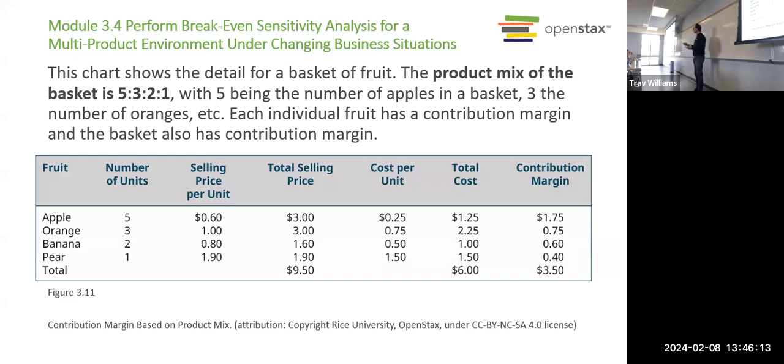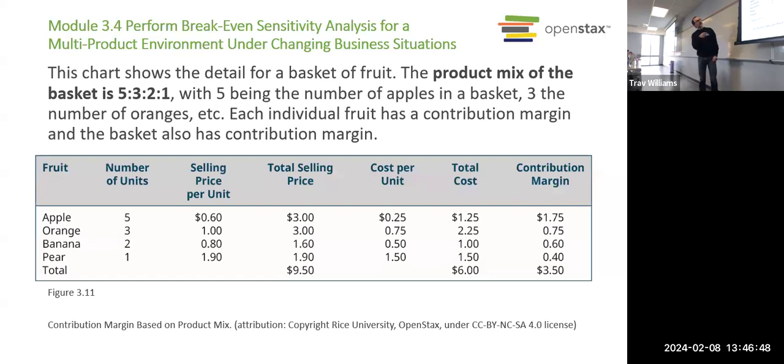And then based on that ratio, you can create sort of a basket of products and figure out the total sales price for that basket of products, the total variable cost, and then the total contribution margin for that basket of products, which we call a composite unit. And then you can use that composite unit with the same formulas we're already used to using to figure out break even.